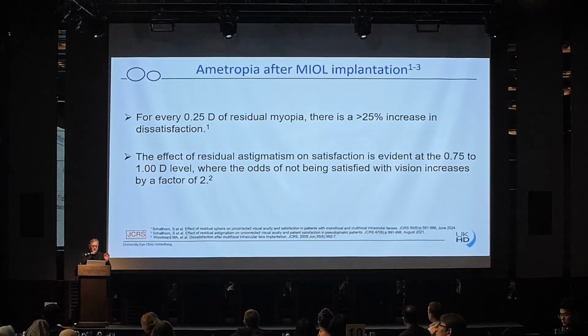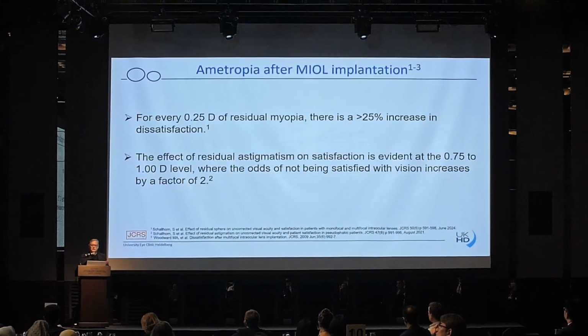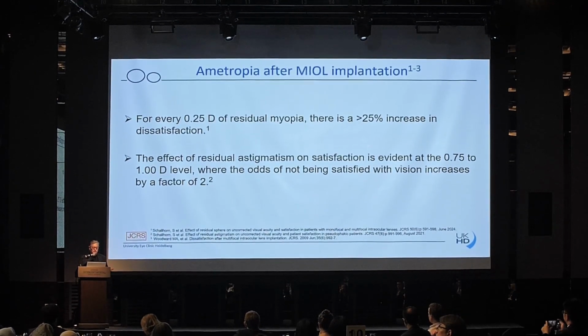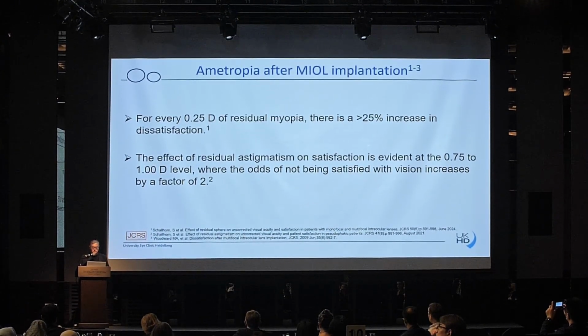We can pin that down: for every quarter of a diopter of residual myopia, there's a 25% increase in dissatisfaction, which is quite important to see. For astigmatism, it all comes into play if you have more than 0.75 diopter of residual astigmatism. So better to target less than half a diopter to have a very excellent outcome.